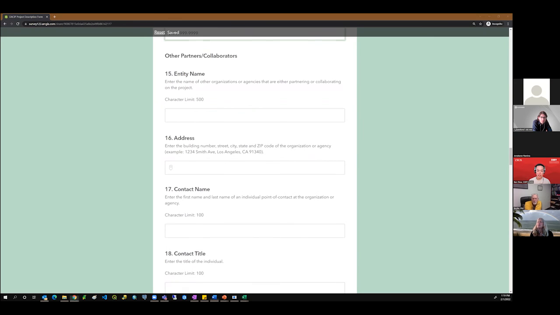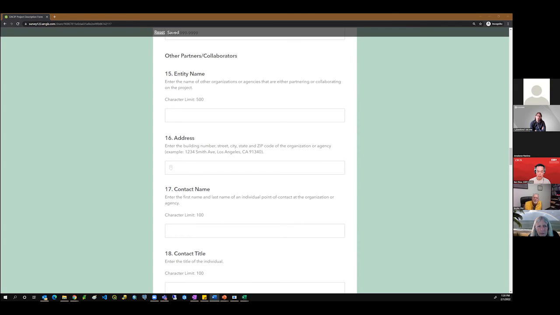The next section is asking about partners or collaborators on this project. These are other organizations or agencies that are working with you on your project idea. So it could include non-governmental organizations, community-based organizations, consultants, for example. And for this example project, we mentioned in the description that the city is working with the local community organization, Greening Greentown, and that partner is helping them to gather feedback on potential project design. So we would include them here as a partner or collaborator.